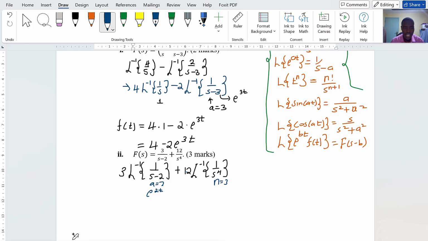So if you look keenly here, you find 12 here. So let me move this and say n factorial. So we have n as 3. So we have 3 factorial on top, which is just 3 times 2 times 1, which is 6.